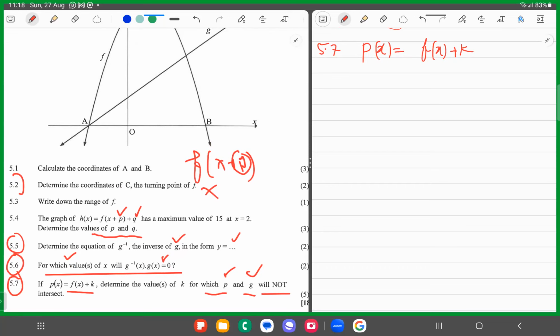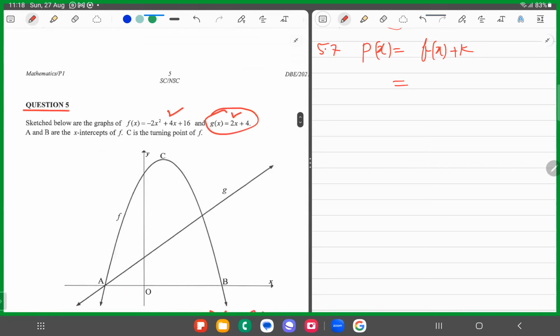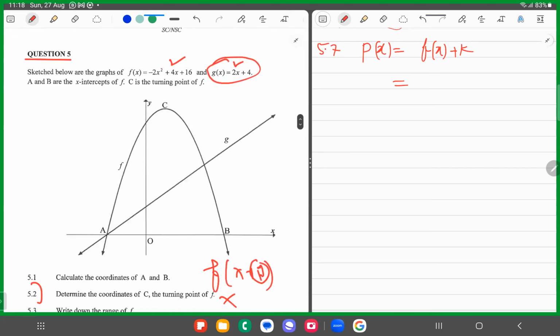Now we are really saying we have this. If this is the case, determine the values of k for which p and g will not intersect. Okay, we know first that f is this one. f has the equation minus 2x squared plus 4x plus 16.